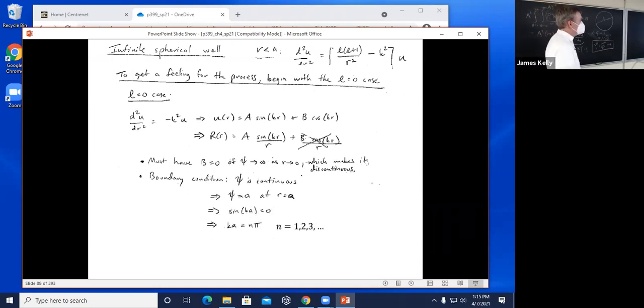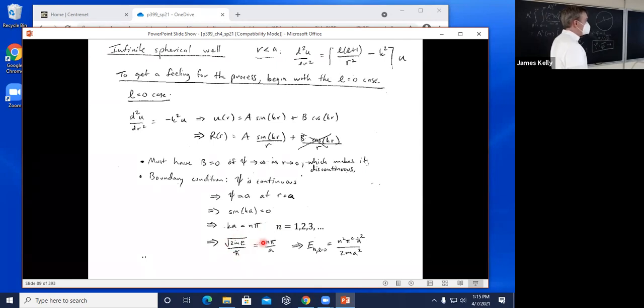All right, so that tells me the allowed values of k. We weren't really interested so much in the allowed values of k as we are in the allowed values of energy. The definition of k was shorthand for root 2mE over h bar. So that's got to be equal to n pi over a. And that gives us the allowed values of energy for different n's.